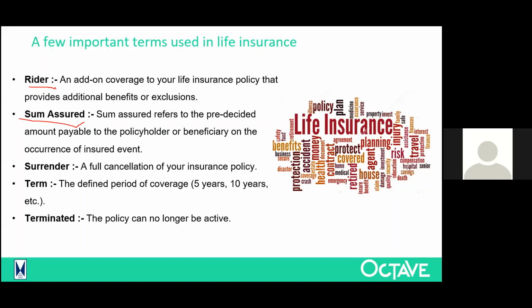Down the line, you think, maybe it's good to have a medical coverage as well, right? And then you can add certain riders which actually cover your medical coverage. So it's sort of like an add-on. It's like, if you buy an iPhone, you want to add a headset to it or something like that. It's just an add-on coverage, right?